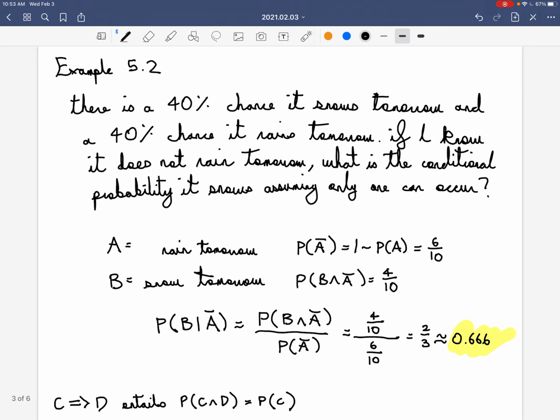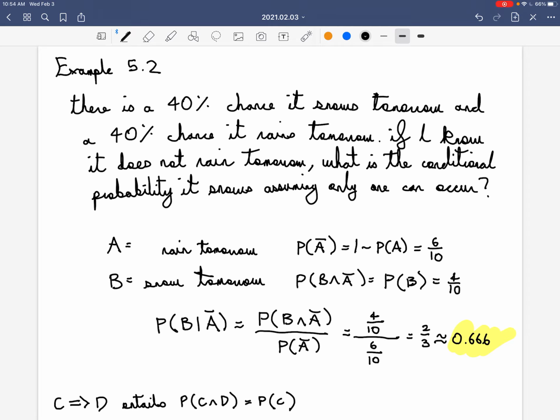Okay, so we can see a slightly more complicated example of conditional probability. Let's say we have this example where we have a 40% chance it snows tomorrow and a 40% chance it rains tomorrow.